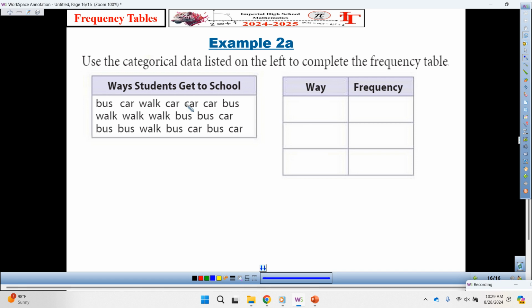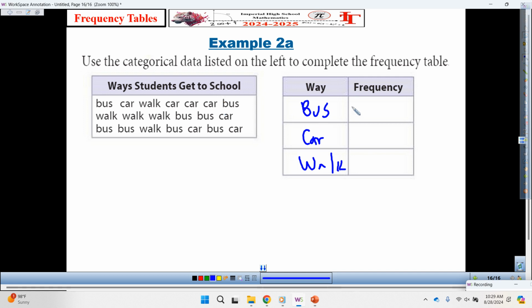Well, first I look through it and find how many types of information I have. I have a bus, car, walk, car, bus, walk. It looks like only how many? 3. So I'm going to write bus, car, and walk. Let's look at the context. What does the table say? Ways students get to school. Okay? And now I start my frequency.